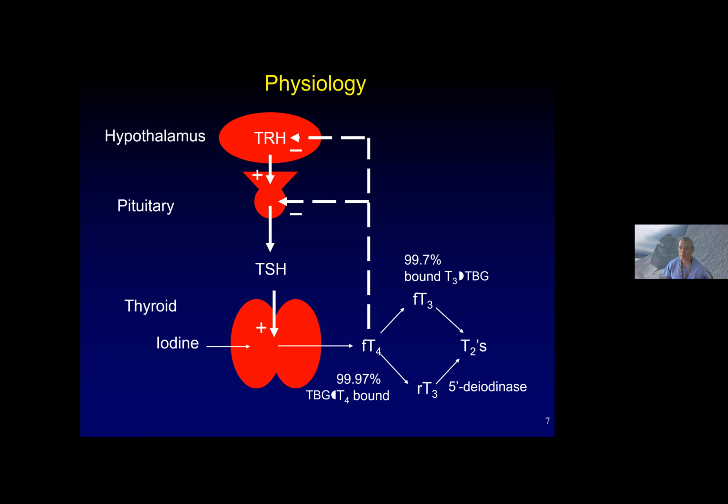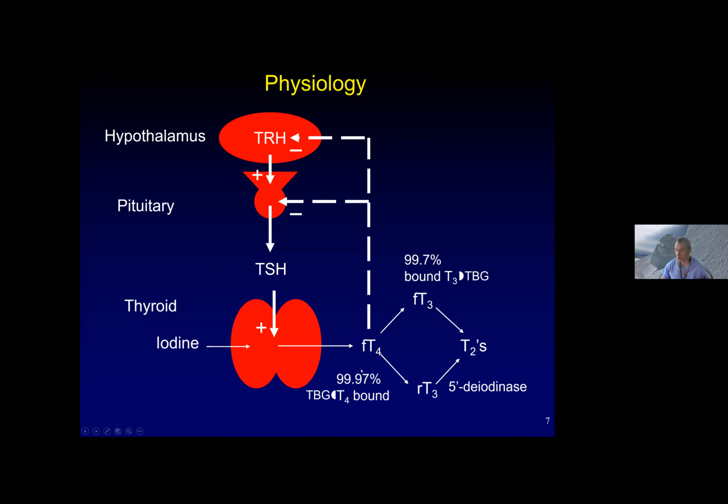So the hypothalamus will make this thyrotropin releasing hormone that will then act on the pituitary gland, causing the release of TSH, thyroid stimulating hormone, that will then in turn go to the thyroid gland to cause the secretion of thyroid hormones. And that is free T4 that in turn gets converted into either the active hormone, free T3, or an inactive hormone called reverse T3.